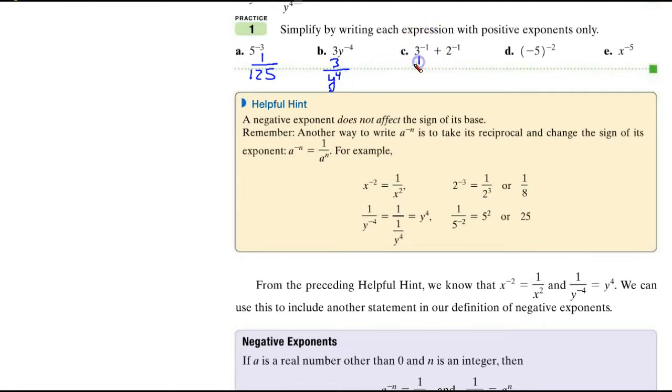This is 1/3 plus 1/2. So that becomes 2/6 plus 3/6 equals 5/6. This becomes 1 over this squared now, which is just a positive 25, and this is 1 over x to the 5th.